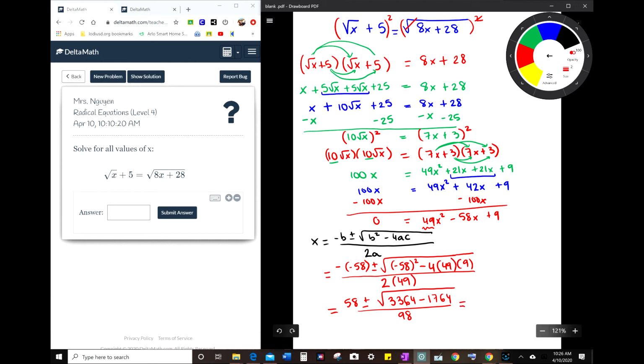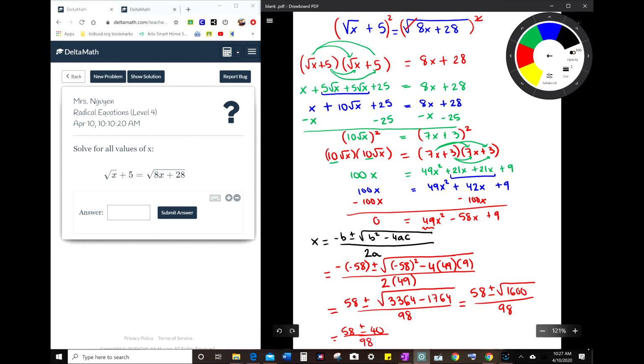And then we get 58 plus or minus the square root of 1,600, over 98. And that gives you 58 plus or minus 40, since the square root of 1,600 is 40, over 98.